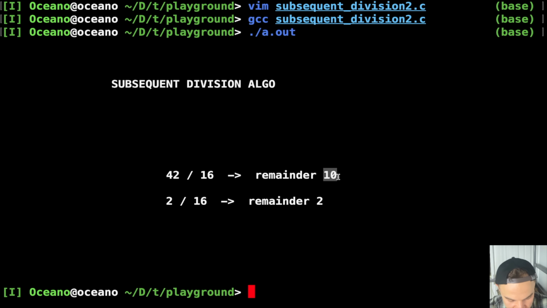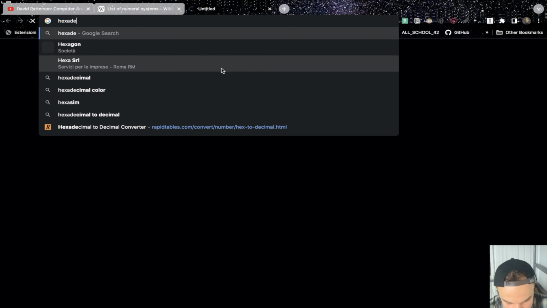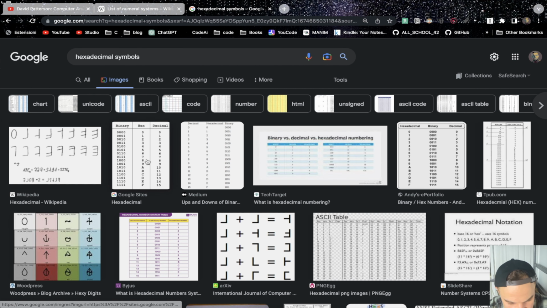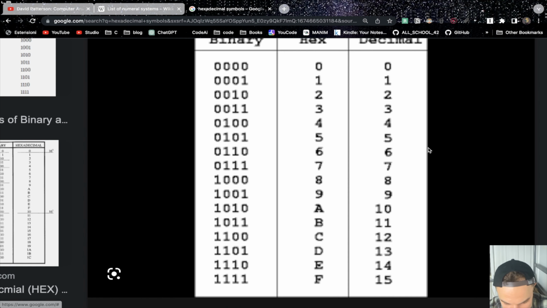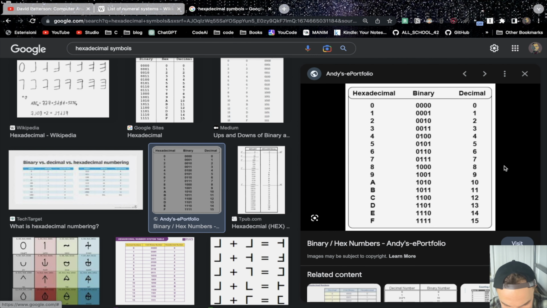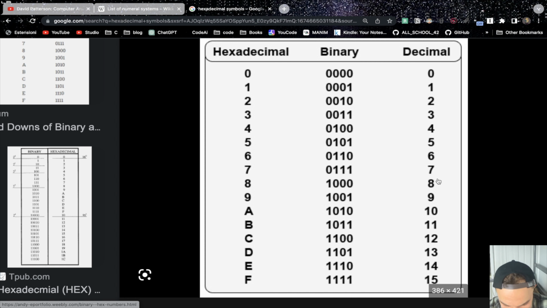Now in hexadecimal, as I was telling you, in hexadecimal base we have these specific symbols. Now it's kind of pixelated. Let's find something better, like this one. Okay, so I have my decimal value, as you can see here. The hexadecimal digits are equal to base 10 up to 9, but then I have A, B, C, D, E, F. A is equal to 10, B is equal to 11, C is equal to 12.